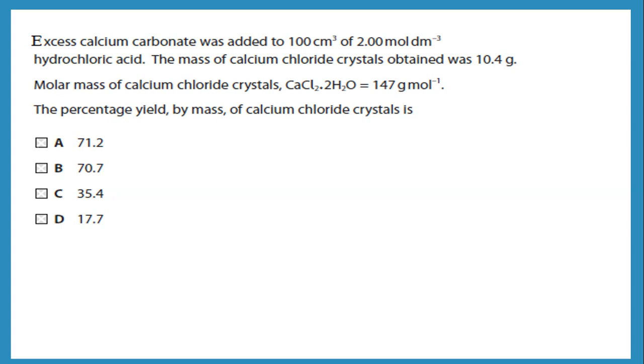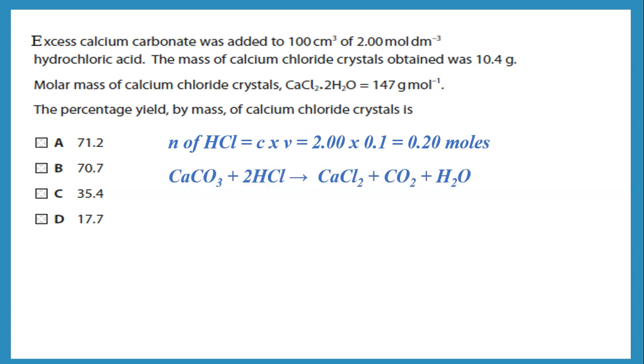And we said in order to get the percent yield, we should calculate how much we should have obtained. So how much is the product supposed to be? We have information about hydrochloric acid. We get the number of moles of hydrochloric acid. Concentration times volume. Volume was divided by 1,000. That gives 0.2 moles.